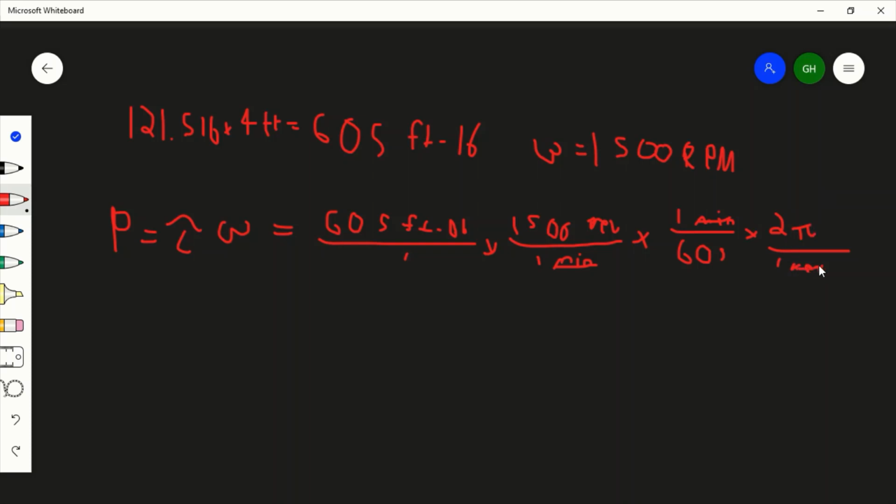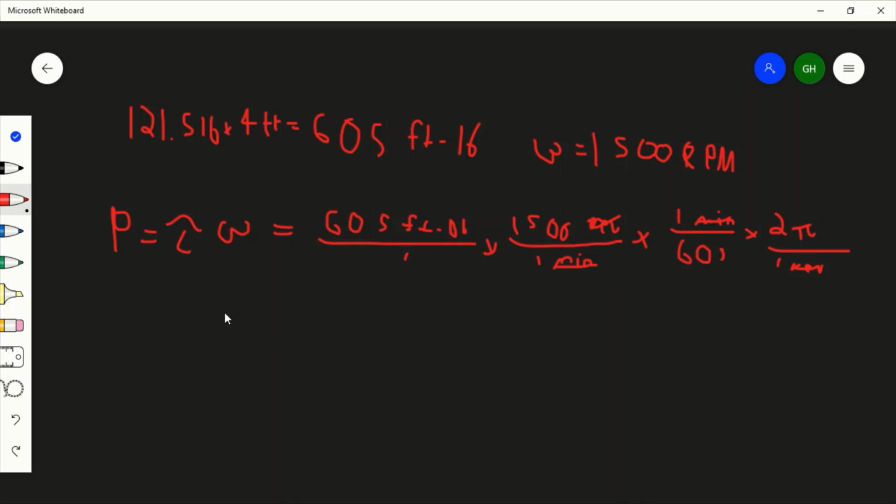So now that we have that, we are left with foot-pounds per second. And when we multiply that all together, give me a minute here. So we have the 605 foot-pounds times 1500 times 2 pi, and we'll divide that by 60.